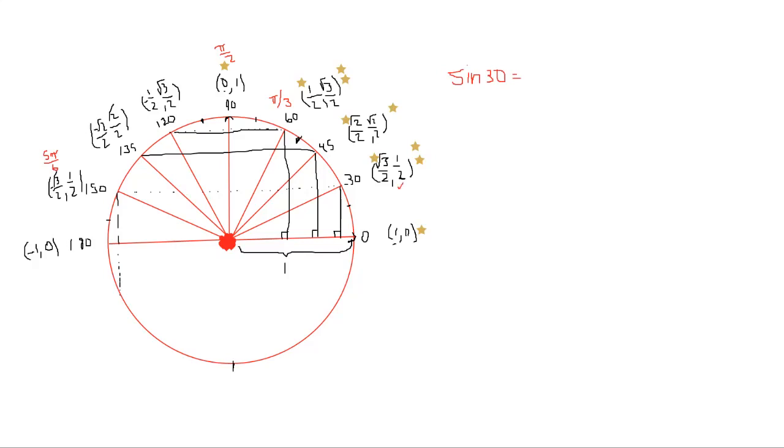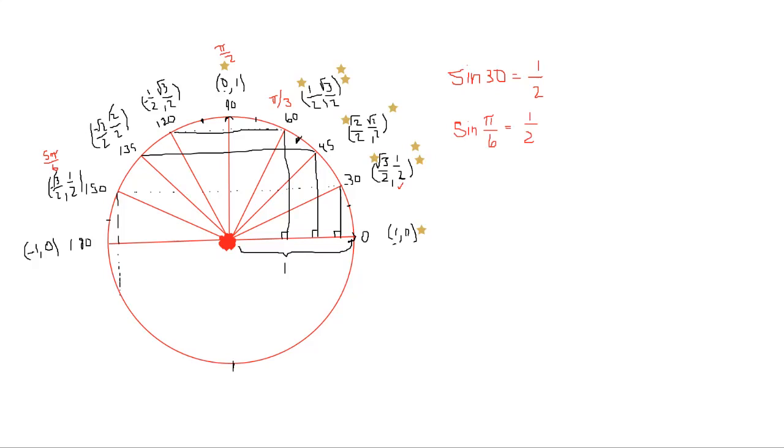So the sine of 30 is 1/2. And since 30 degrees is the same thing as pi over 6 radians, we could say that the sine of pi over 6 is also 1/2. So the sine of pi over 6 radians is 1/2.